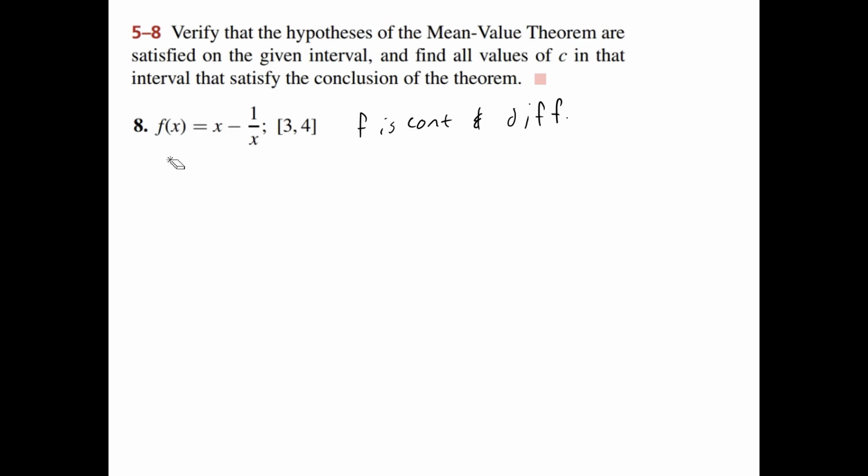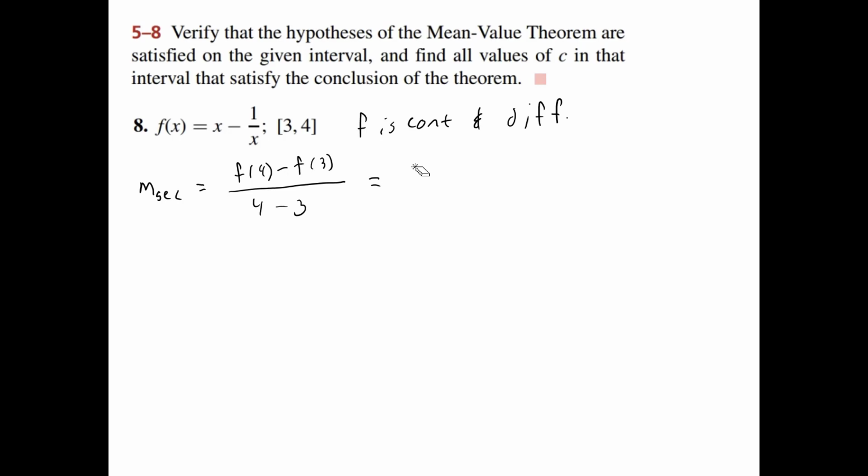So again, slope of the secant line is f of 4 minus f of 3, all divided by 4 minus 3.